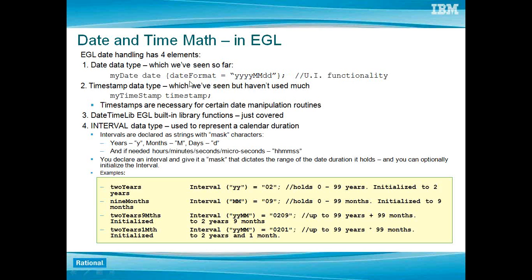Here we have specified one property, and we are telling it the date format. Now my date variable will be able to hold the date value, and its format will be in this way, like YYYYMMDD, in the ISO format.